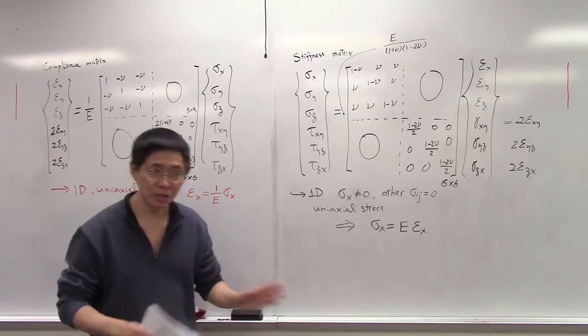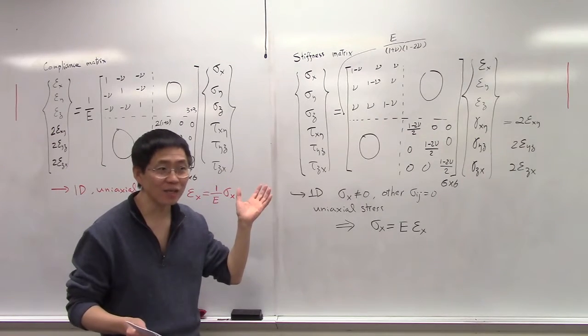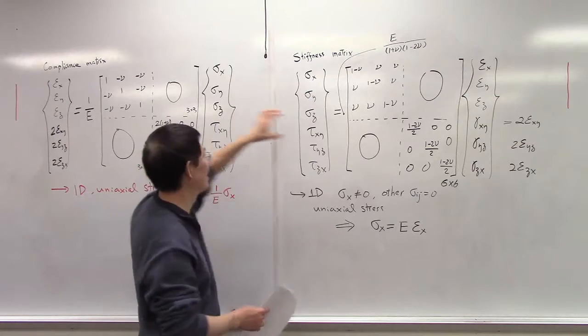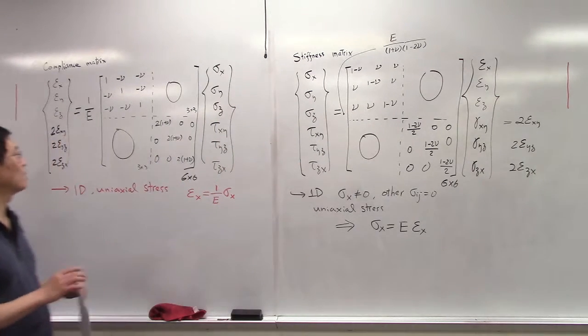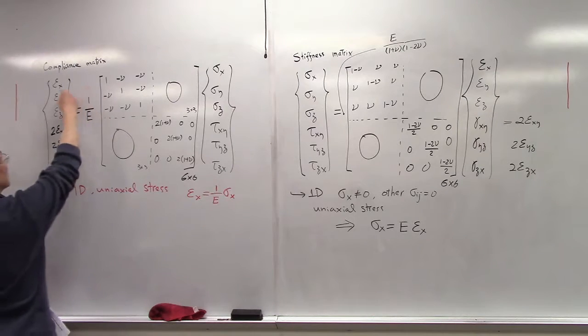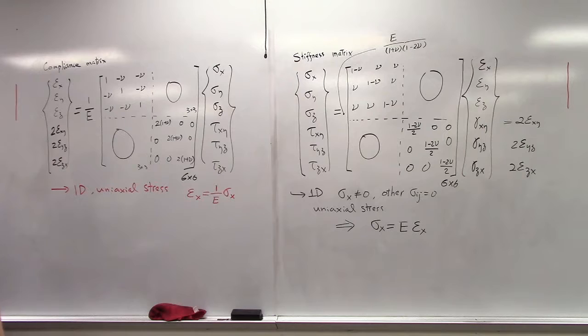When it is biaxial or 3D triaxial, it's not as simple as that. It is this. And the matrix is sometimes a little bit difficult to remember, but I can always remember this one. Okay? Why can I remember that one very, very easily?